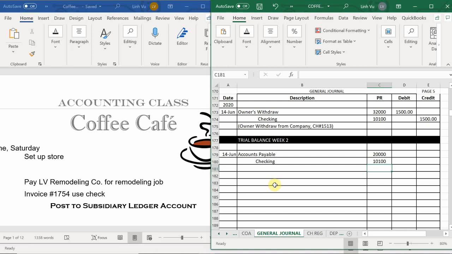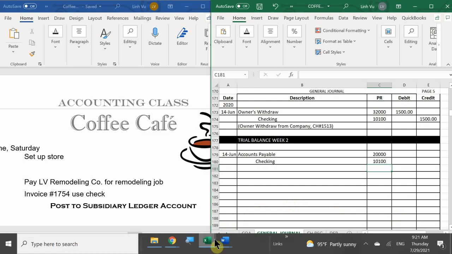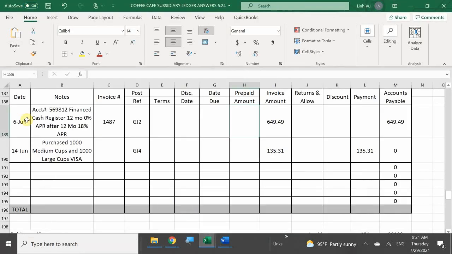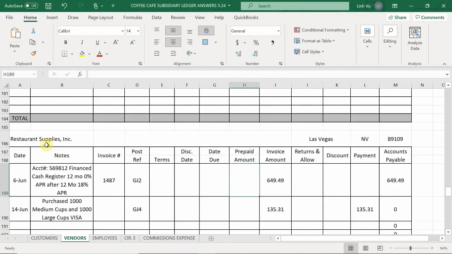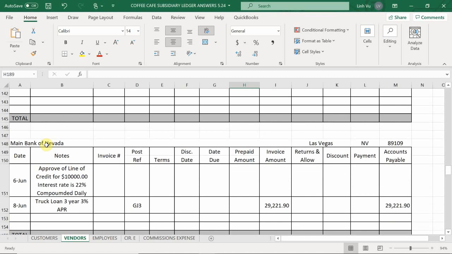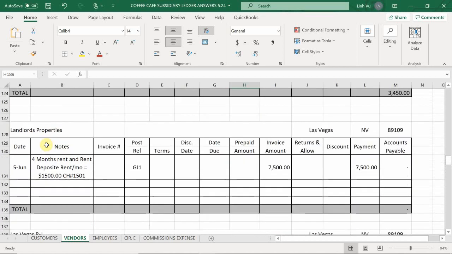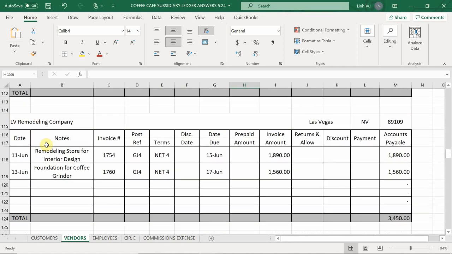In the subsidiary ledger. So if I go to my subsidiary ledger and I'm looking at invoice number 1754 for LV Remodeling, we know that we owe a total of 1890.